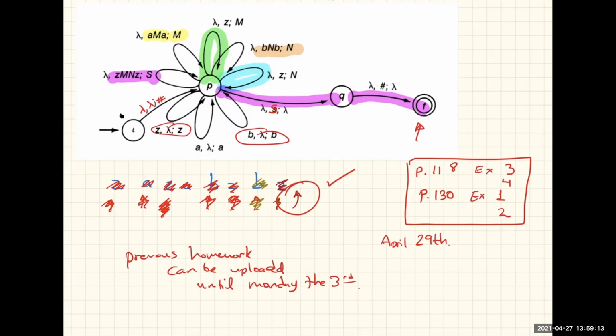And the description will be there. I think you'll have a clearer idea on what to do about ambiguous grammar or the if condition then sentence else sentence, and that will be for Monday the 3rd, May the 3rd. And this one I want you to do for April 29th, in order to keep up with the subjects we are studying. Okay.